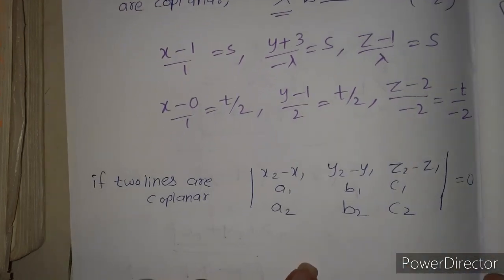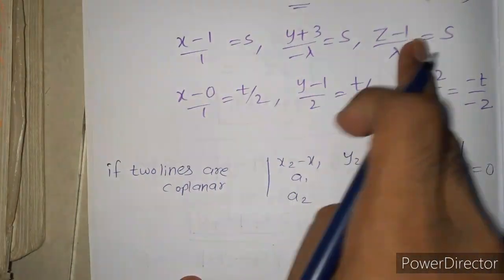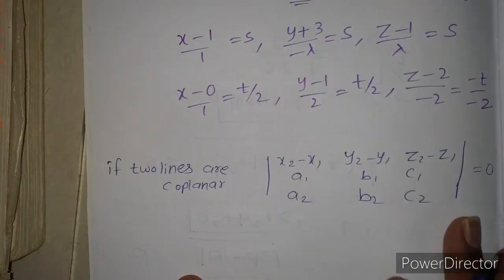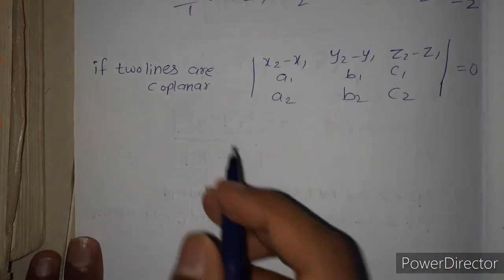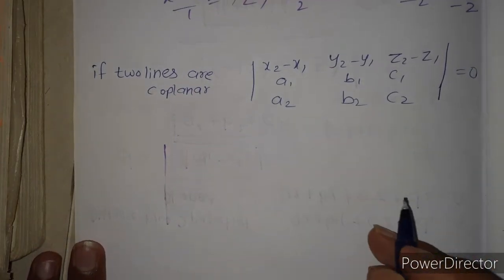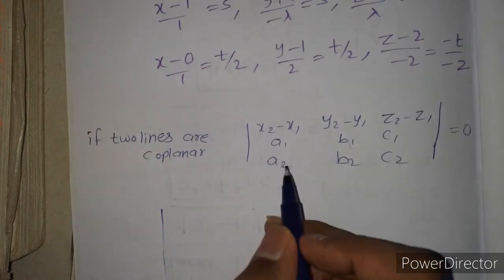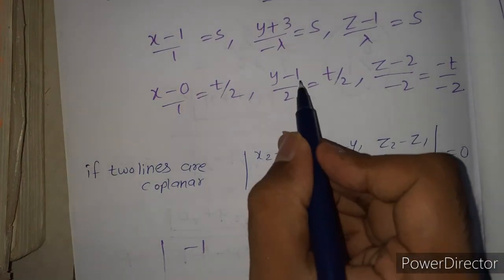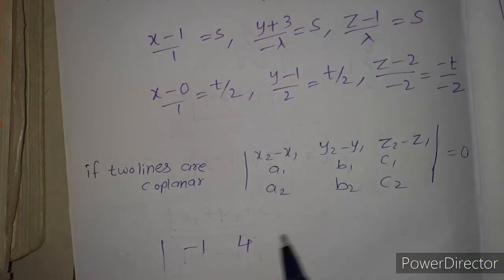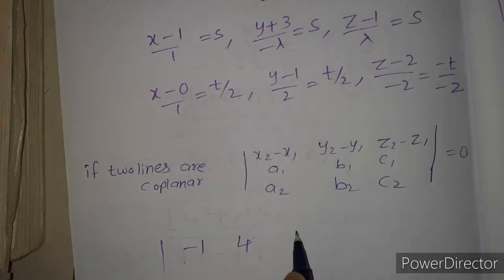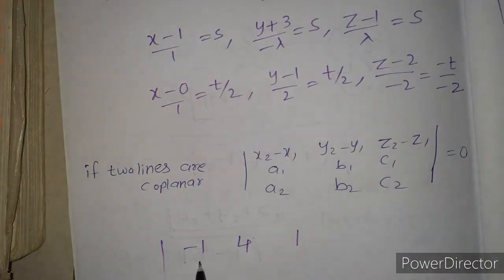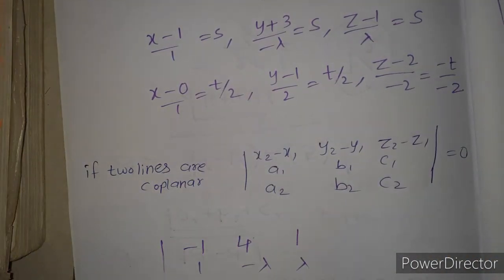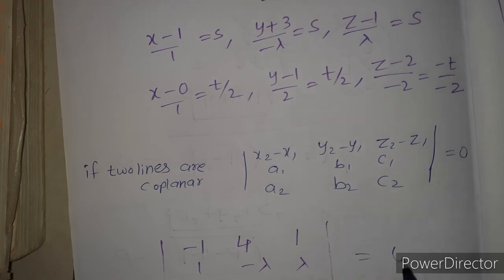And now we have the points and direction ratios of the given lines. Now just substitute in this, x2 minus x1, that means 0 minus 1 is minus 1, 1 minus of minus 3 is 4, 2 minus 1 is 1, and 1, minus lambda, lambda, 1, 2, minus 2 must be 0.